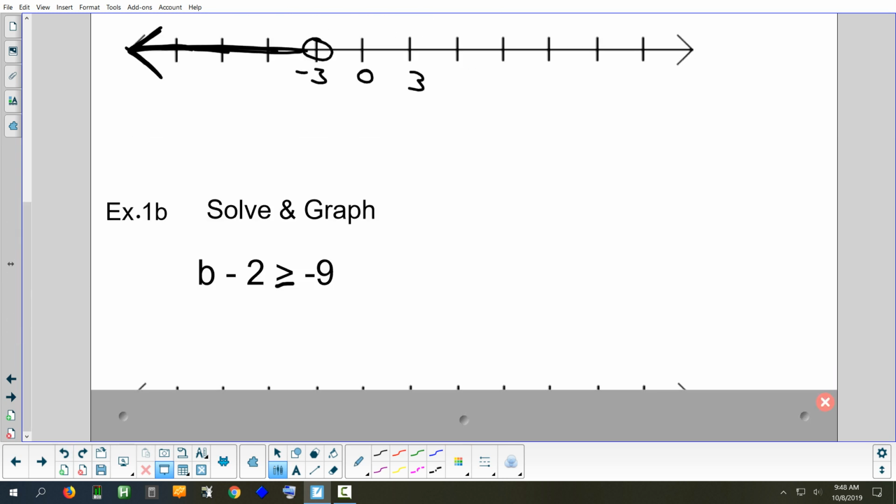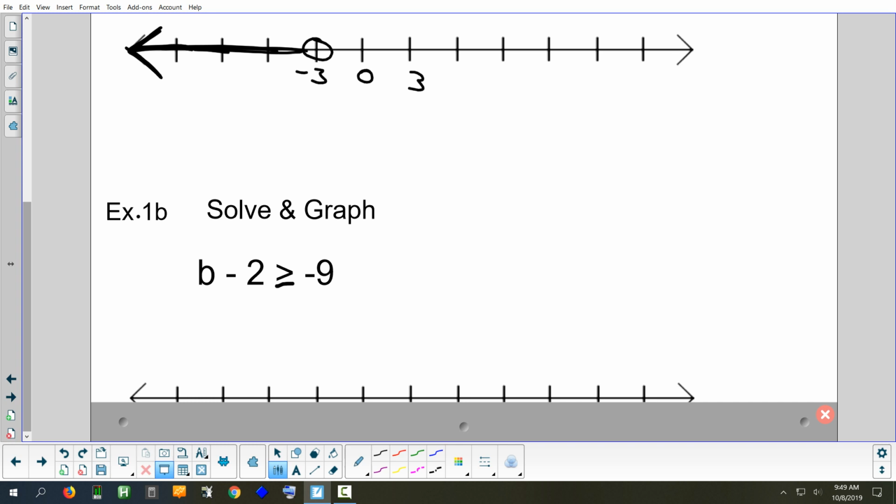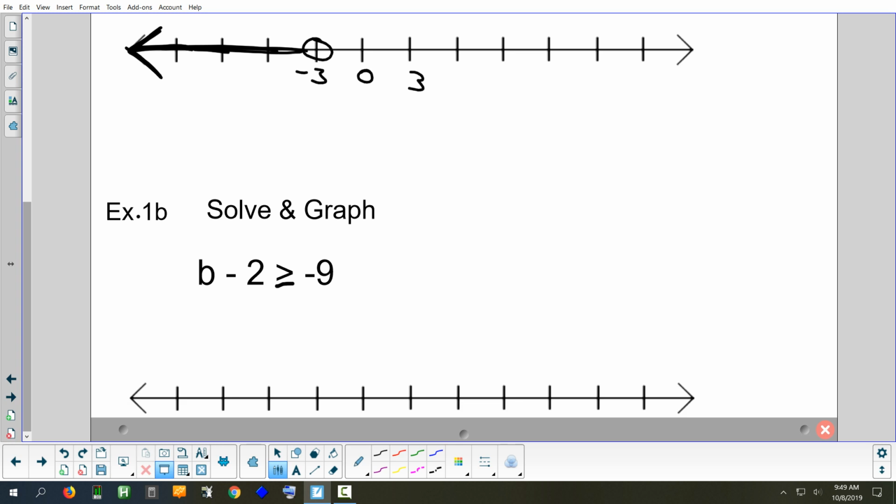Okay, let's look at this one. I'll probably give you guys time to try a couple on your own because these aren't super long to do, so we'll have time to try that. Okay, is that one ready to graph? No. It's ready to graph when what?